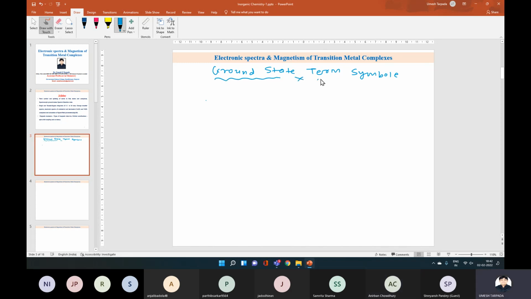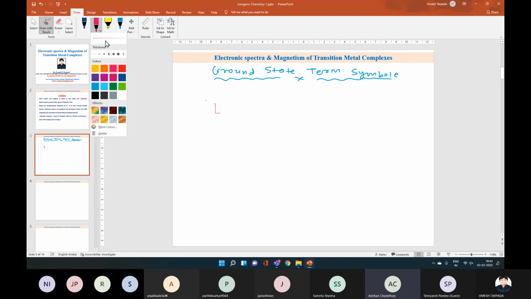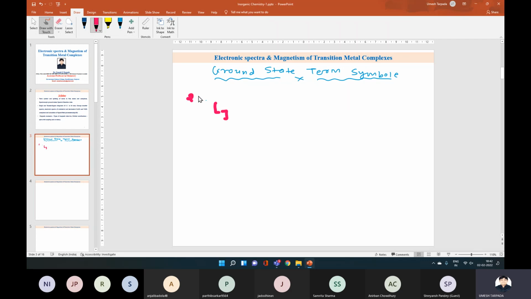Yes, sir. Okay, fine. So in the ground state term symbol, we have to calculate L and S. Here it is J, and here the multiplicity is 2S plus 1. S is the spin quantum number.